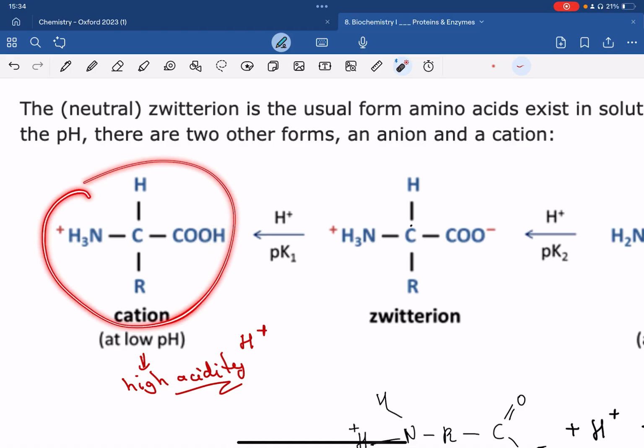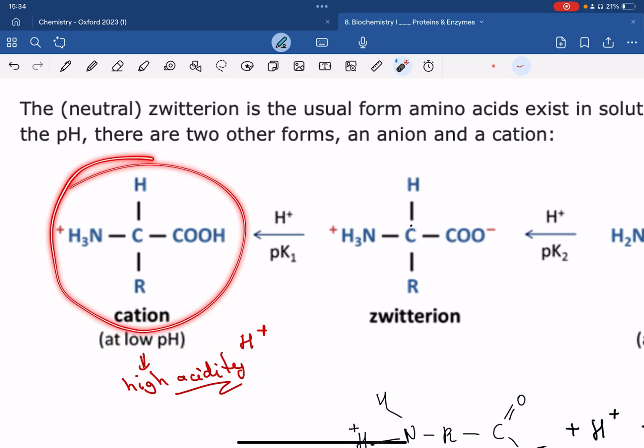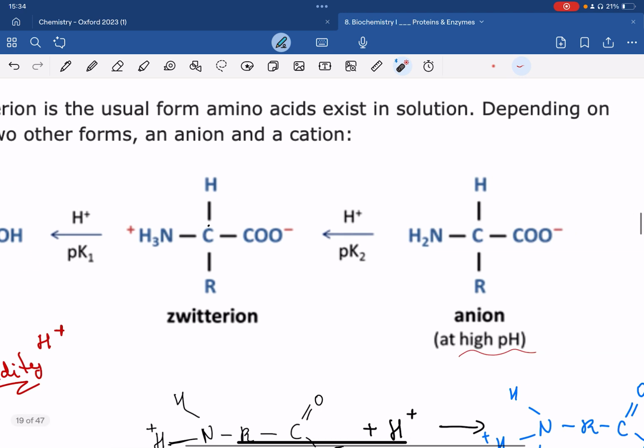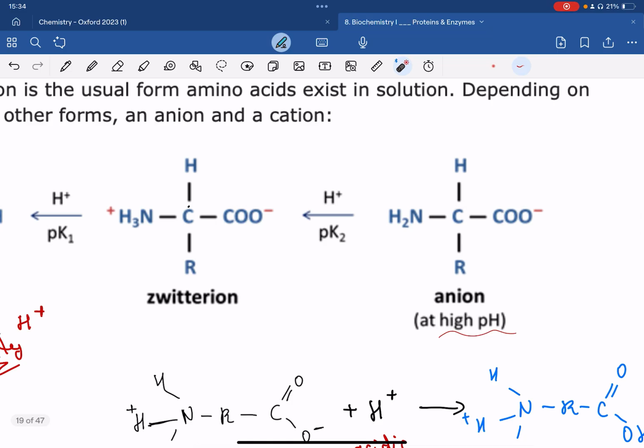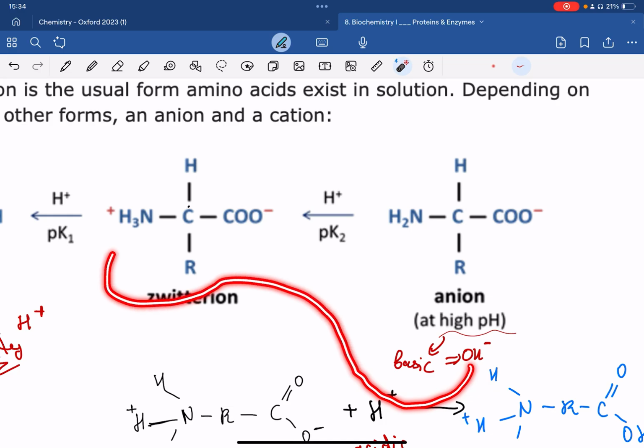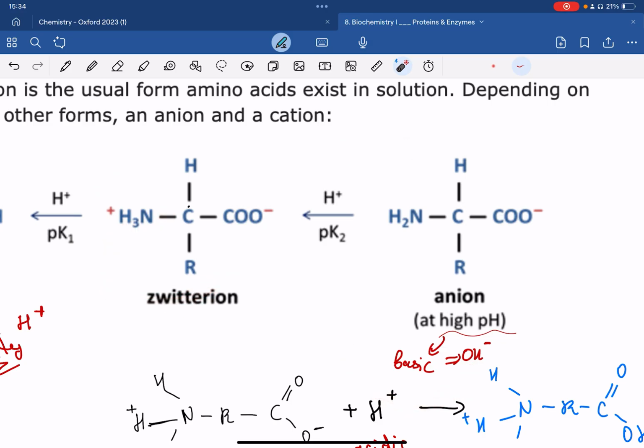It becomes a cation. So at low pH, or high acidic level, the zwitterion becomes cationic. But whenever we have high pH, this is a basic form. In basic form we have OH negative, and this OH negative attacks the positive side. Remember, negative and positive attract each other. It takes a hydrogen from NH3 plus, and it becomes the anionic form.